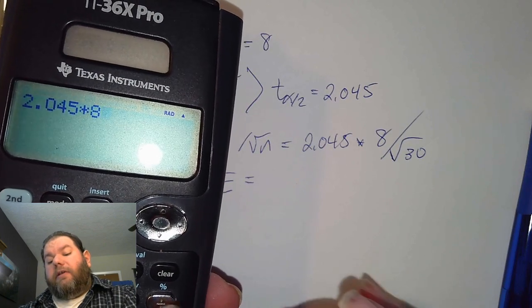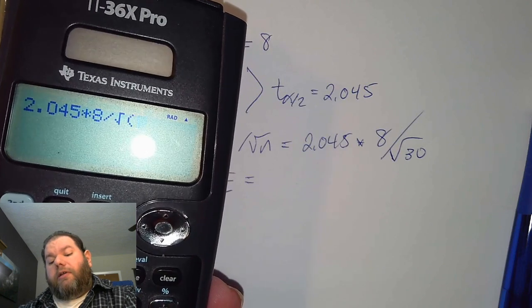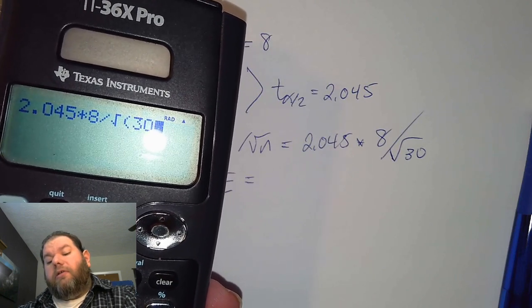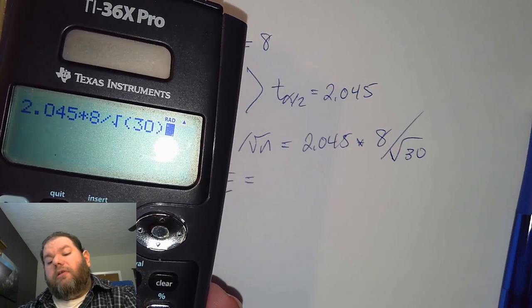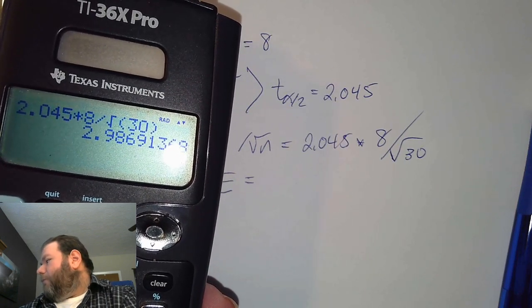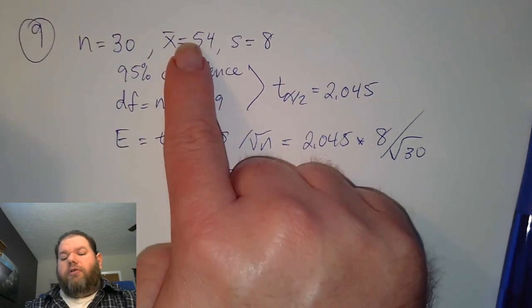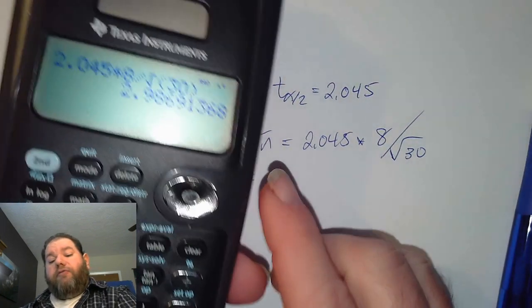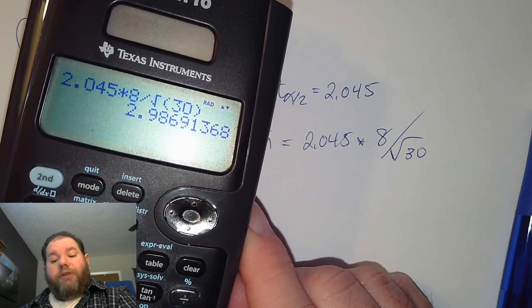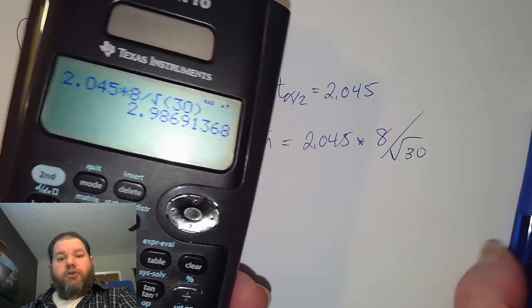Times 8 divided by square root 30. Now in this case, our data is whole numbers, so we'll actually round to a whole number, which is pretty close to 3 anyway. So we'll use 3 as our margin of error.